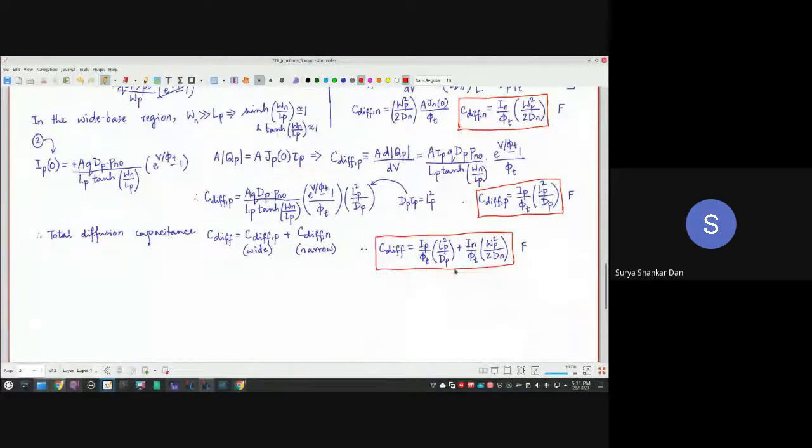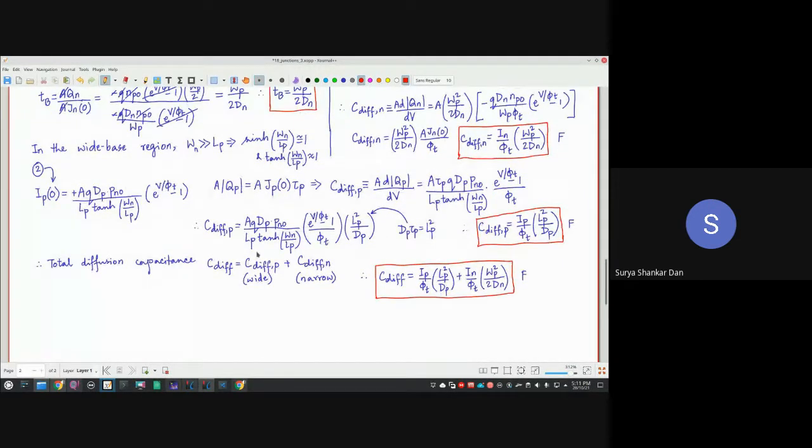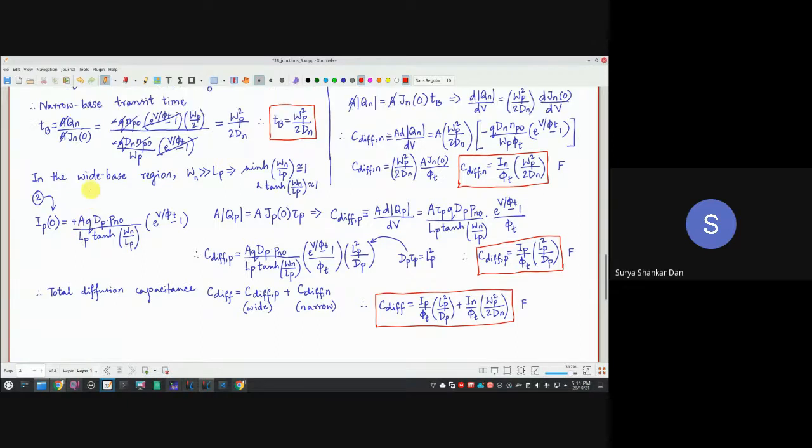For the p type, again, we are going to do the same thing. However, on the p side, it is the wide region. So if it is the wide region, you will get essentially this relation. You do the same thing. The only difference is that you are changing the Qp expression or the Jp expression, the current density expression.